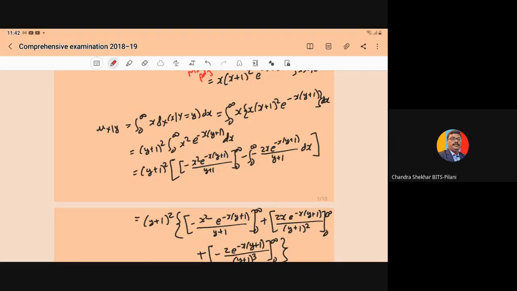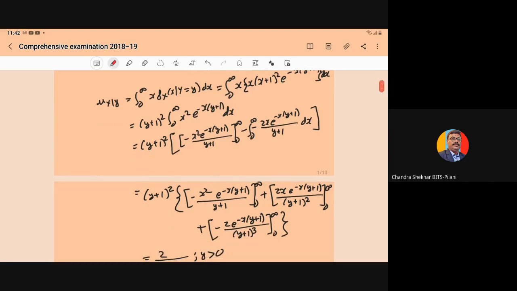We have already computed f of x given y, so it becomes the integral from 0 to infinity of x squared (y+1) whole square e^(-x(y+1)) with respect to x. Here (y+1) whole square you can take out of the integral, and inside the integrand will be x squared e^(-x(y+1)) dx.